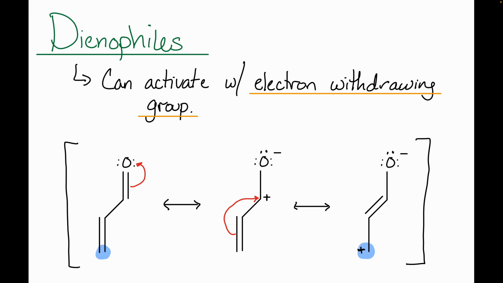Remember, in our dienophile, we had this electron withdrawing group, and that left this carbon on the end with a relative lack of electron density, right? We had this positive charge in one of our resonance structures indicating that we don't have a lot of electron density on that particular carbon, all right? So we can draw it in with our resonance structures, but I'm just going to highlight it here like I did on this structure.